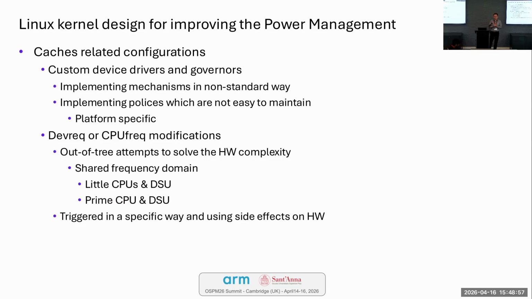But that was a modification to the devfreq subsystem, which wasn't suited for that because we missed the hinting mechanism. We still had to convert the cache utilization into some sort of fake utilization so we could use the on-demand governor. Exactly. So there was an on-demand governor customized heavily to figure out what is going on.